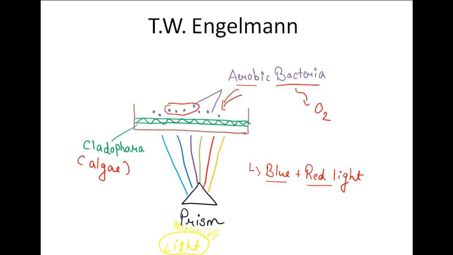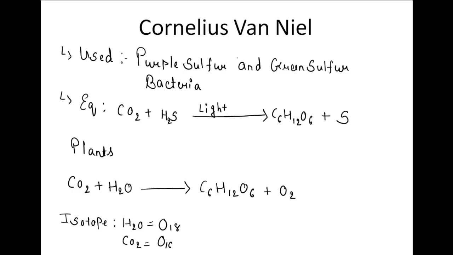Now, another experiment was explained by the scientist Cornelius van Niel. He used purple sulfur and green bacteria.